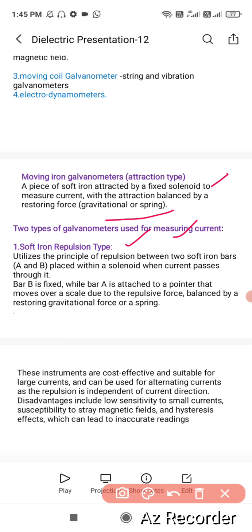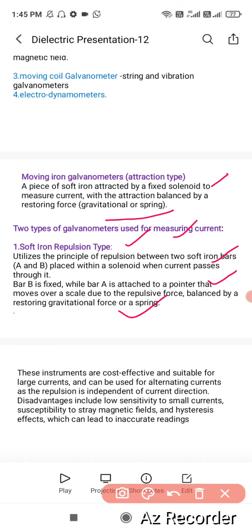The soft iron repulsion type utilizes the principle of repulsion between soft iron bars A and B placed within a solenoid when a current passes through it. Bar B is fixed while bar A is attached to a pointer that moves over a scale due to the repulsive force, balanced by restoring gravitational force or a spring.